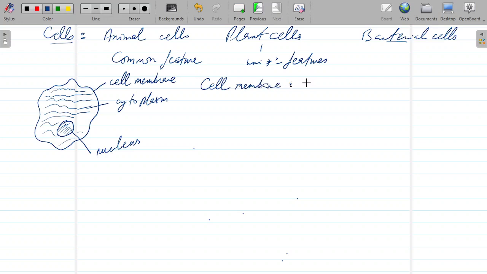So this is a thin layer surrounding the cell.